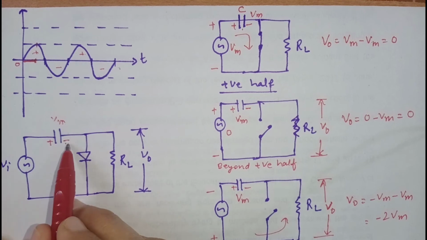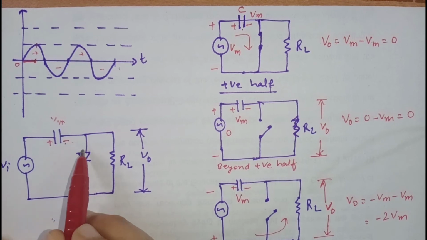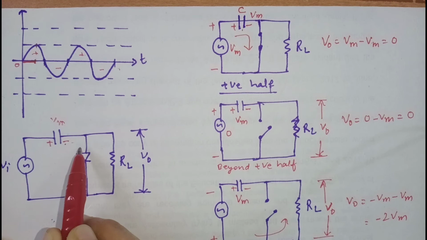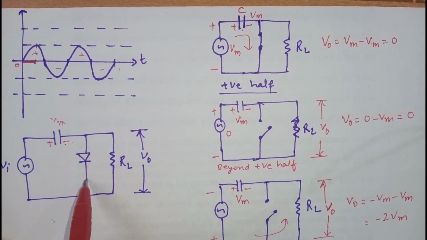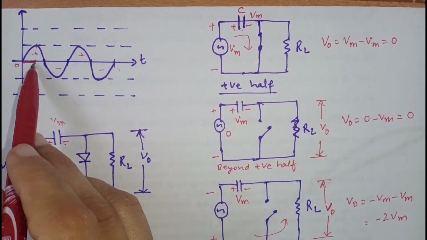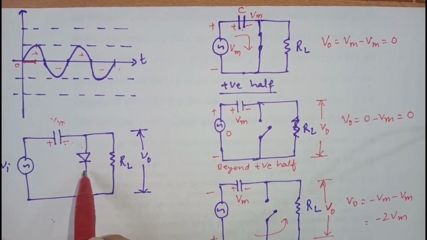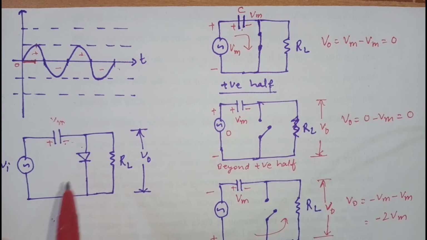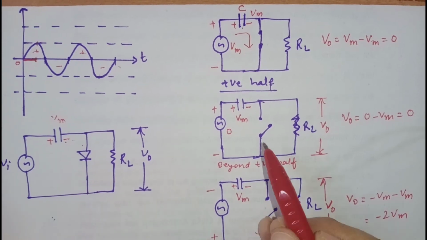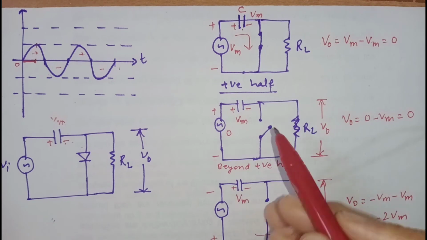So here the voltage is much more negative than this side, because it is positive peak. So this diode is reverse biased and it will act as an open circuit. So equivalent circuit in this case will look like this.